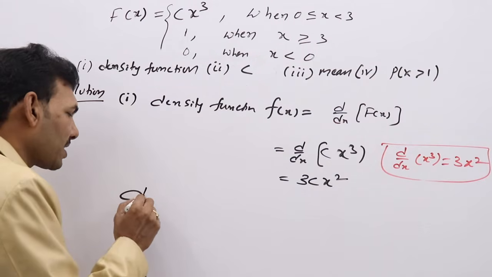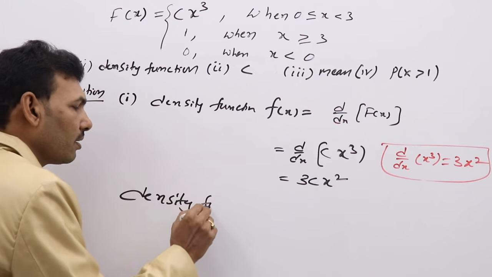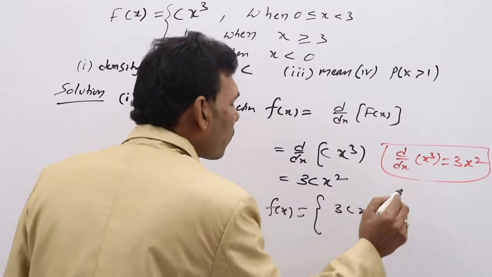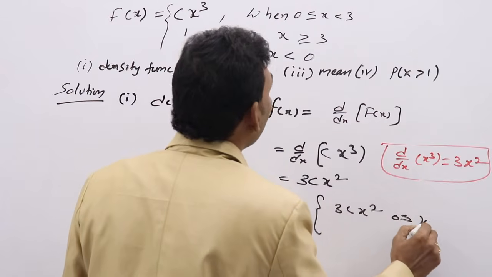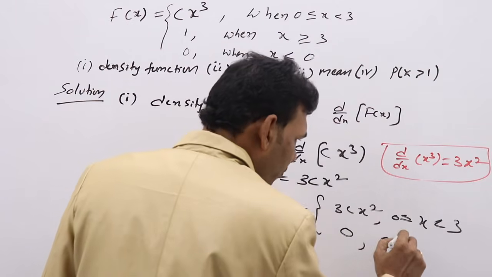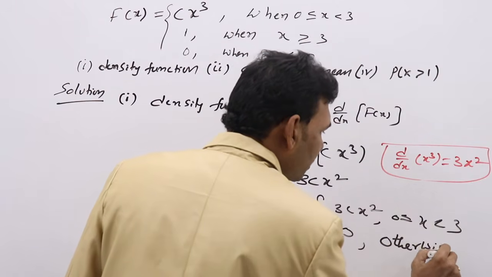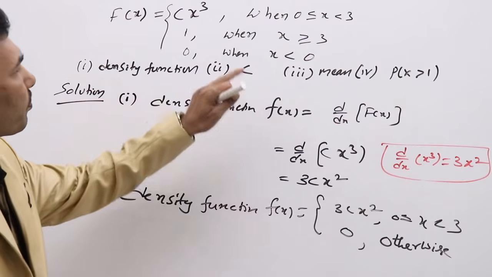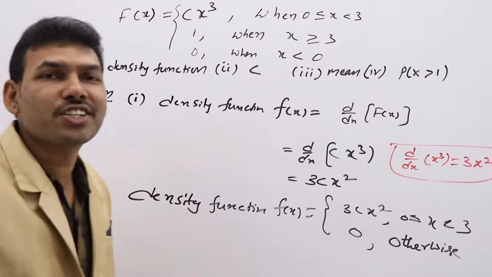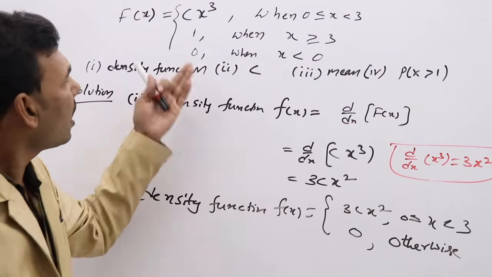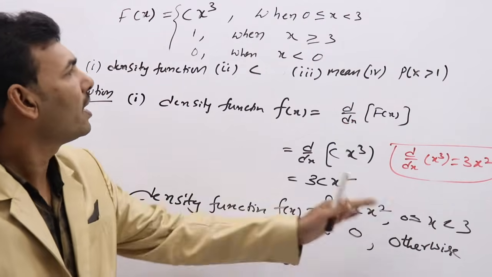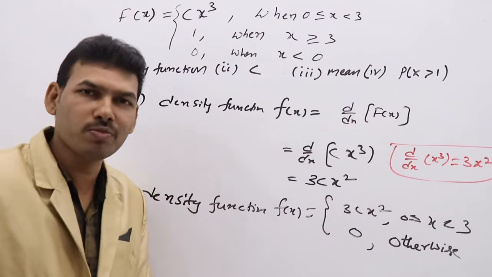Now, defining the exact density function: the density function small f of x is 3cx square in 0 less than or equal to x less than 3, 0 otherwise. Why? Because differentiation of a constant is 0, differentiation of 1 is 0, and the other part is already 0. So only in this interval you will have 3cx square. In the remaining intervals, the density function automatically becomes 0.